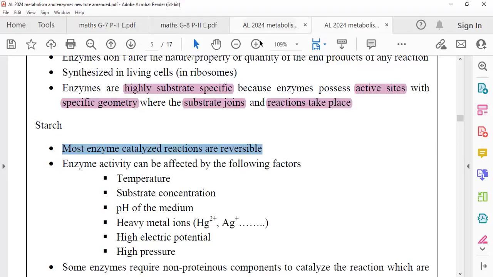Reversible means, okay, now we can write this part here. Starch reacting with water and forming maltose. This reaction is reversible.